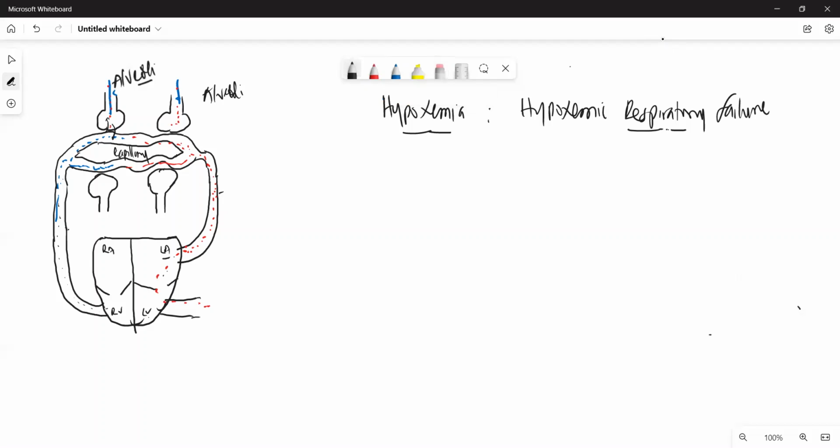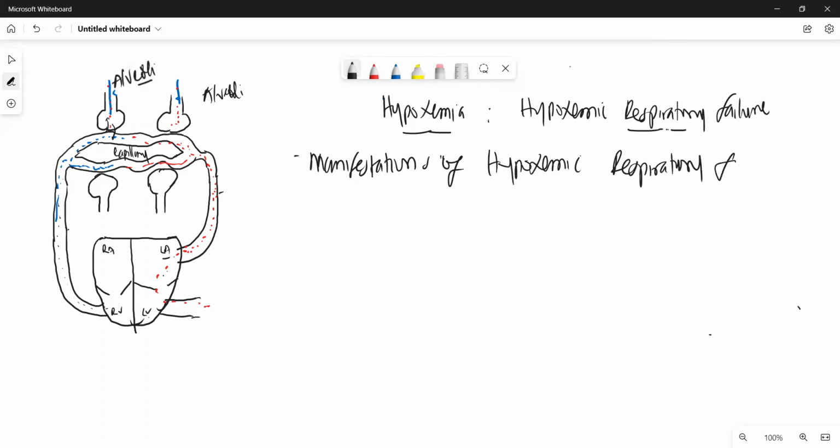So we want to talk about manifestation of hypoxemic respiratory failure, right? Whenever I'm studying and looking at manifestation, I love to talk about it based on the organ system.